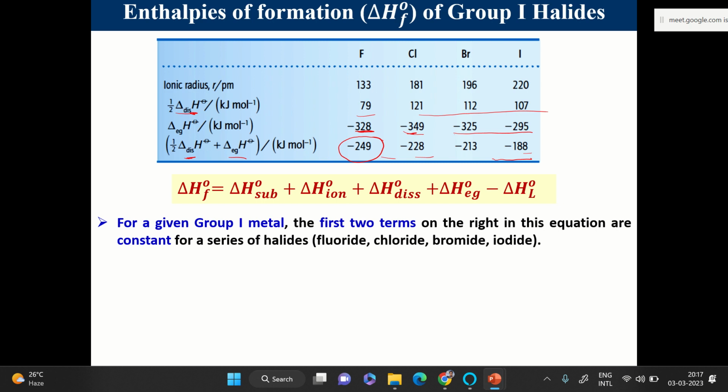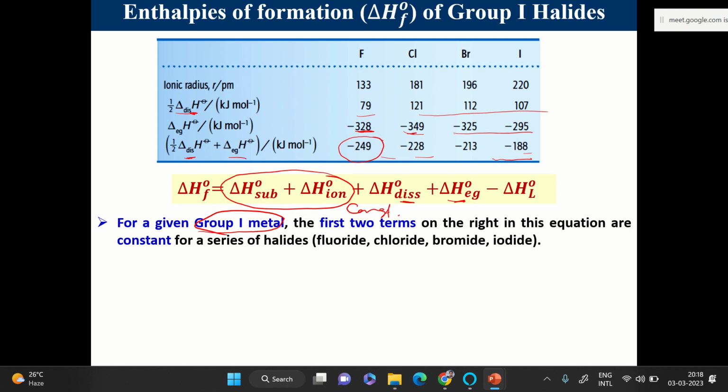So what we have seen here: the first two terms, sublimation and ionization, if you keep the metal ion fixed, for a given metal ion these two terms are constant. The only variables will be the dissociation enthalpy of the halogen and the electron gain enthalpy.